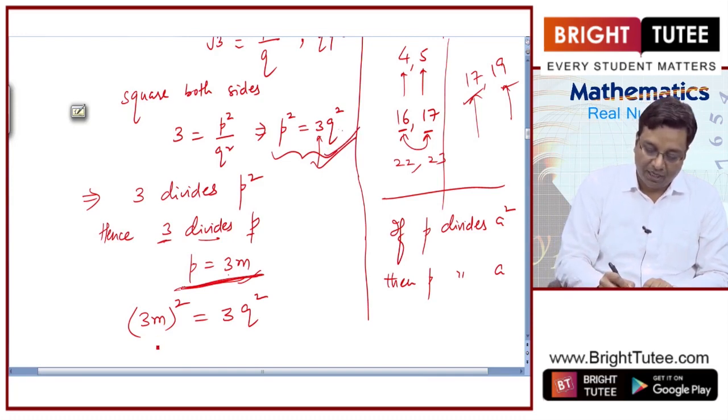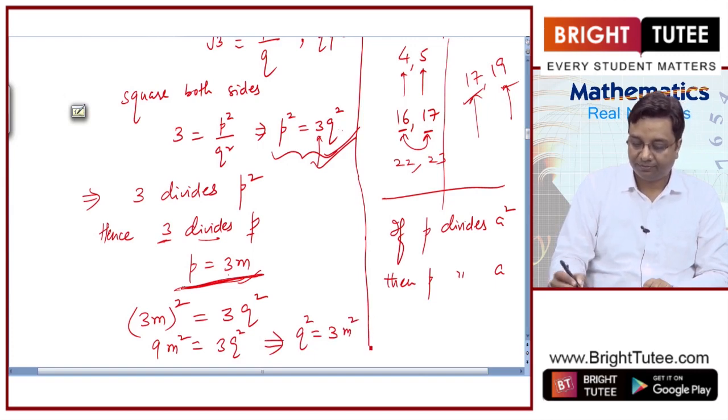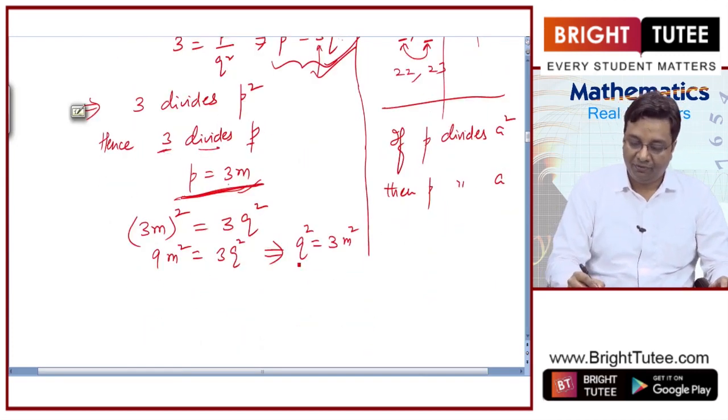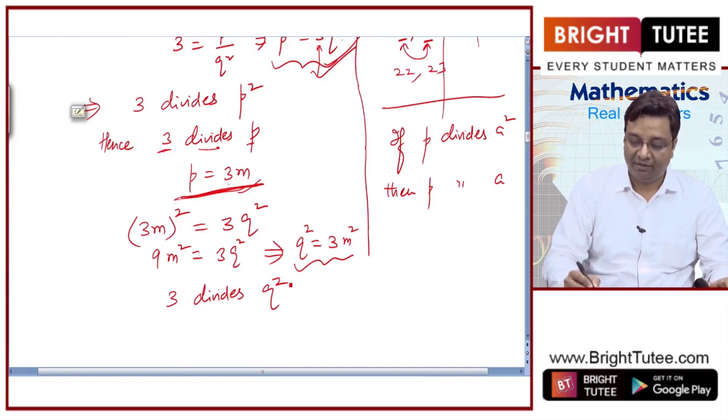Now you see that 9m square is equal to 3q square. Hence I can say q square is equal to 3m square. From this equation I can say 3 divides q square, because 3 is a factor of q square.